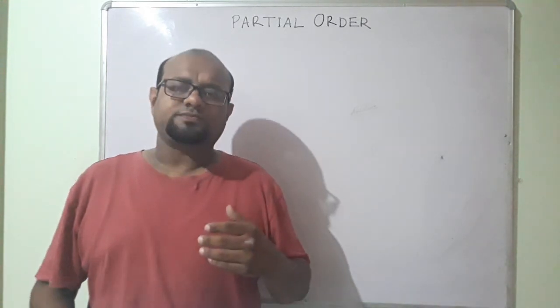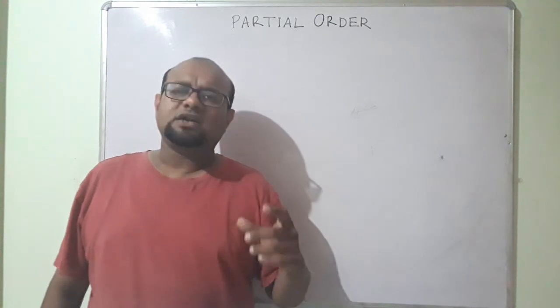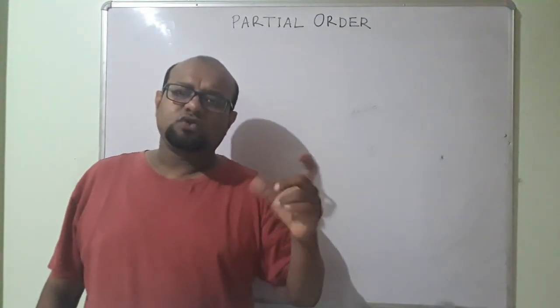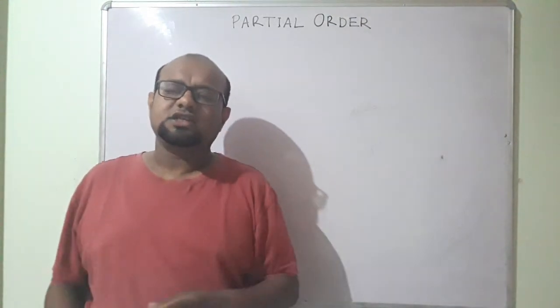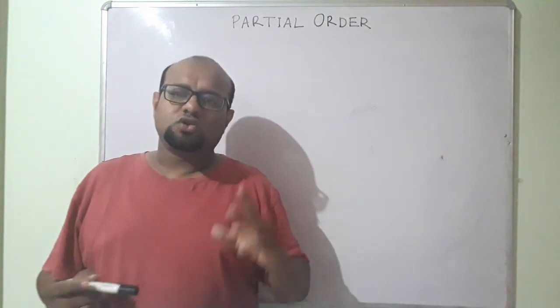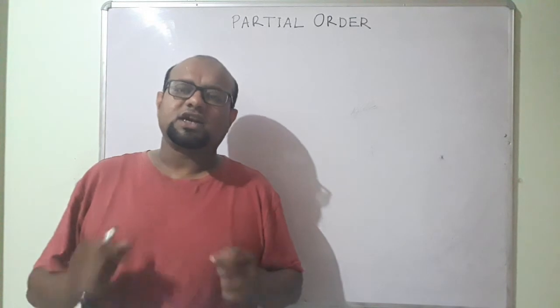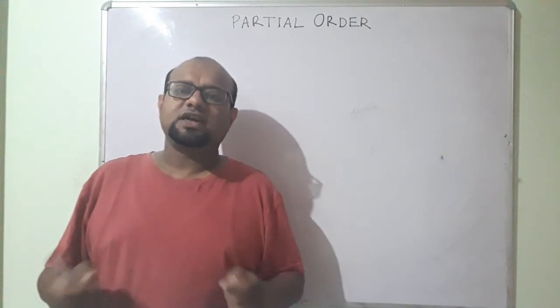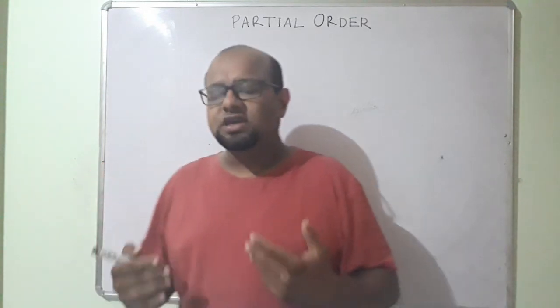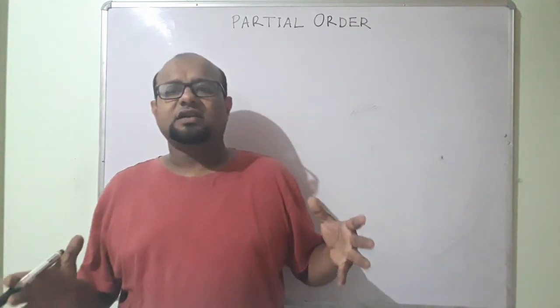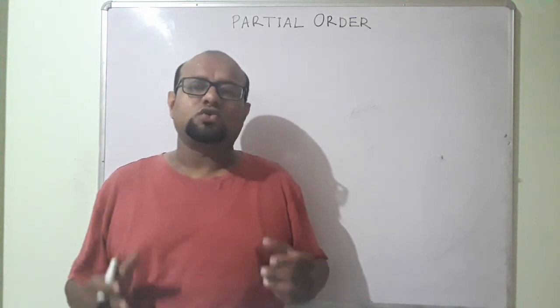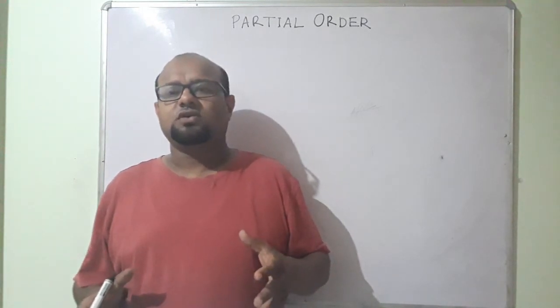Then we saw what it means to say that two elements of the set, okay, the relation is always on a set, are comparable, or whether they are not comparable. Then we saw that if all the elements of the set are comparable, then that kind of a poset is called a total ordered poset, okay.